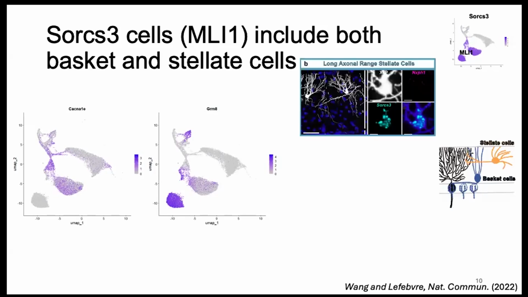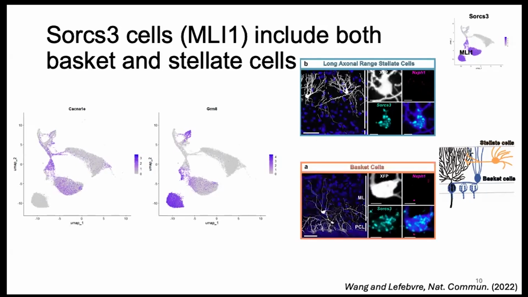First looking at the stellate cells, she showed that the stellate cells express SORX3, but they don't express the MLI2 marker, NXPH1. And then the basket cells also express SORX3, the MLI1 marker, but they don't express the MLI2 marker, NXPH1.